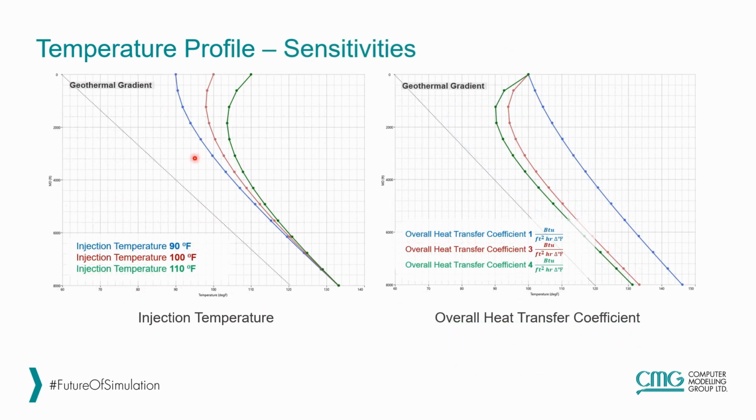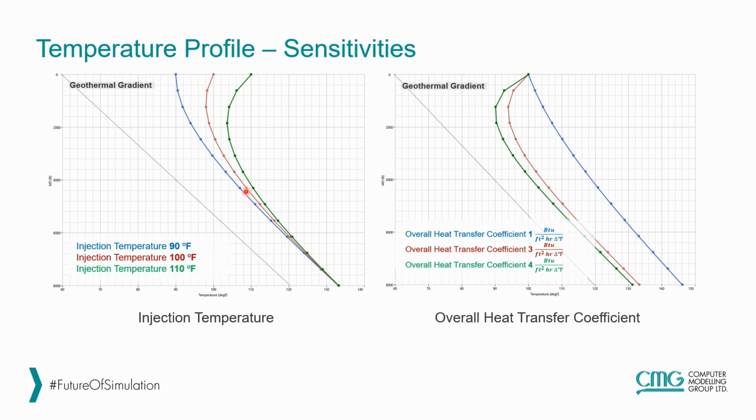Let's look at the effect of injection temperature and the overall heat transfer coefficient. On the left-hand side plot, we are increasing the temperature of CO2 at surface from 90 degrees Fahrenheit to 100 and then 110. By increasing the injection temperature, also the temperature at every depth of the wellbore is increasing, but this only lasts for a certain depth, and eventually all cases converge to the same value.